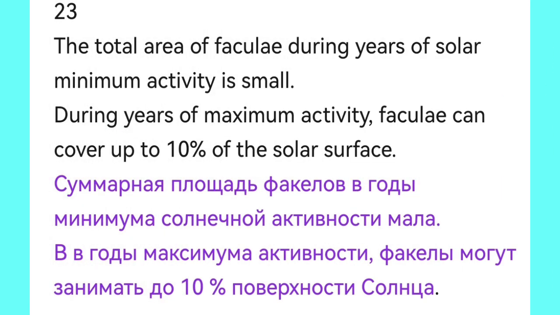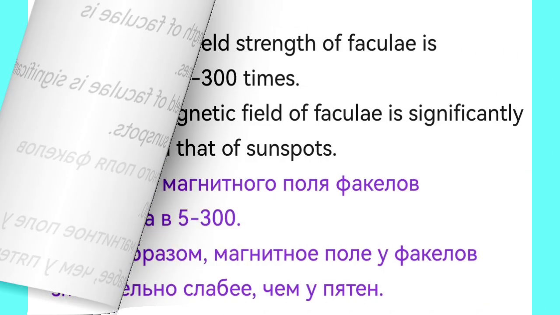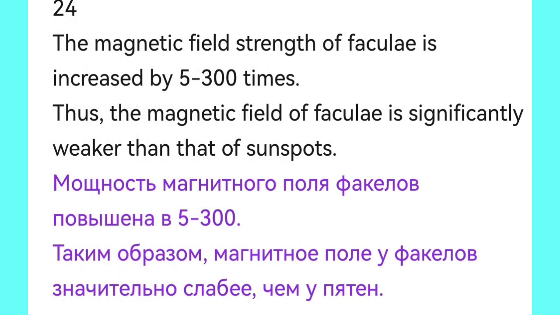The total area of faculae during years of solar minimum activity is small. During years of maximum activity, faculae can cover up to 10% of the solar surface. The magnetic field strength of faculae is increased by 5 to 300 times. Thus, the magnetic field of faculae is significantly weaker than that of sunspots.